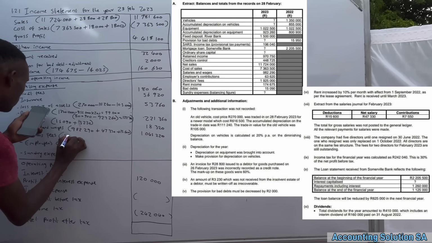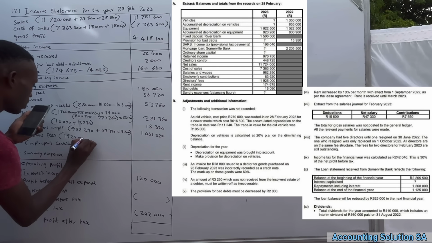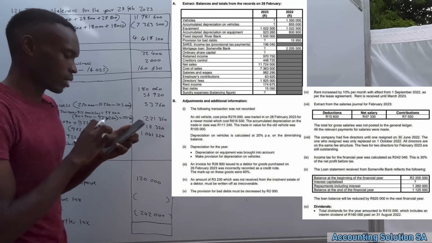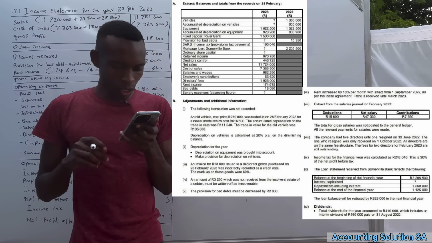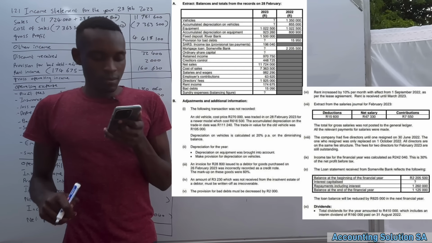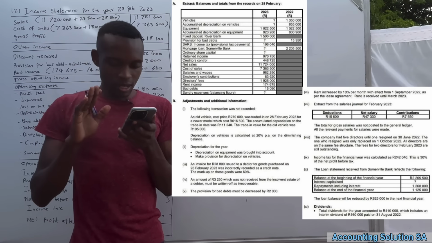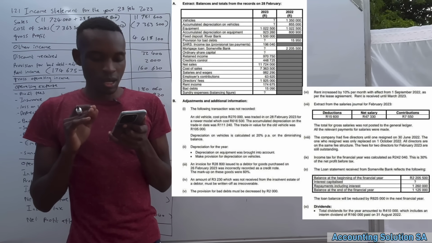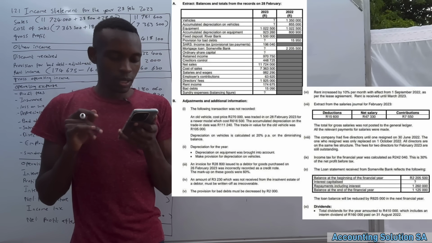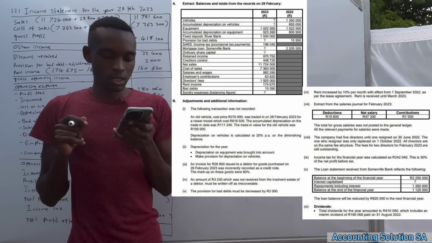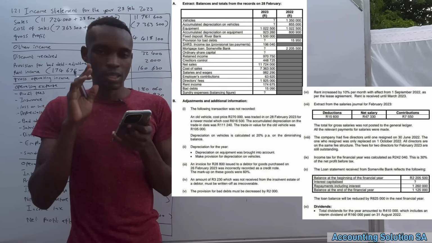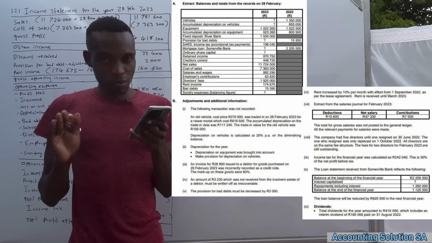Director's fees, 1,925,000 plus the one that we are going to work on now. Okay, director's fees transaction, they say that number 7, a company has 5 directors until one resigned 30 June 2022, and the one who resigned was only replaced on 1 October, and all directors are on the same fee structure. They paid the same amount. One problem solved.